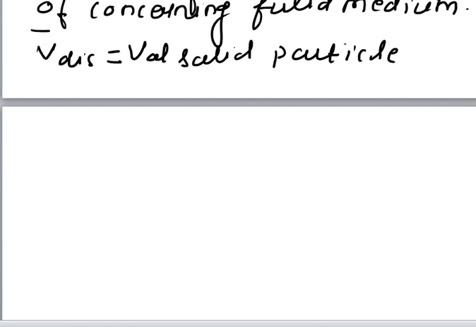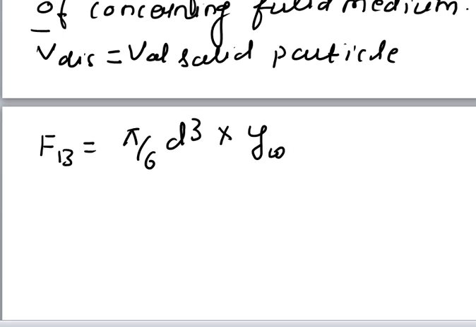So what do we get? The expression for buoyancy force, Fb, equals pi by 6 d cubed multiplied by gamma w, the unit weight of water. This is the second formula.